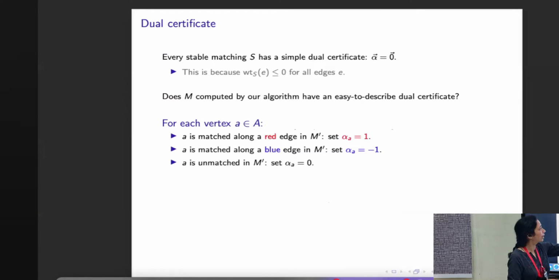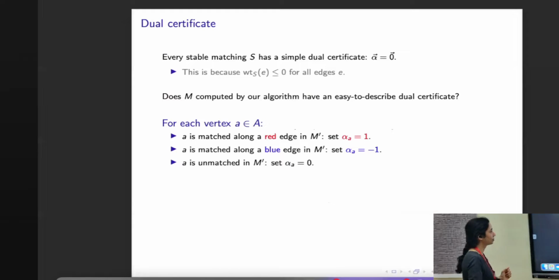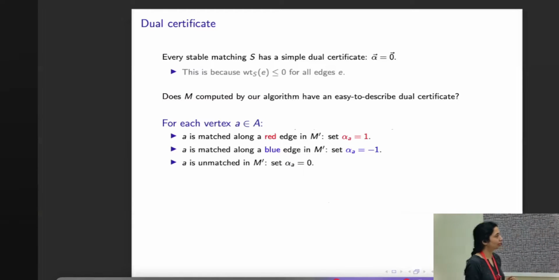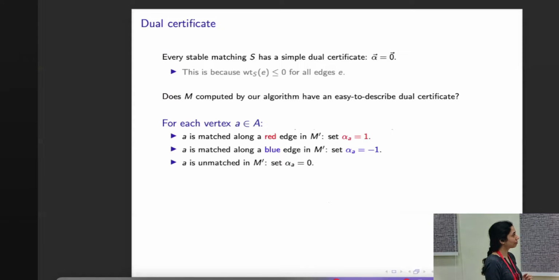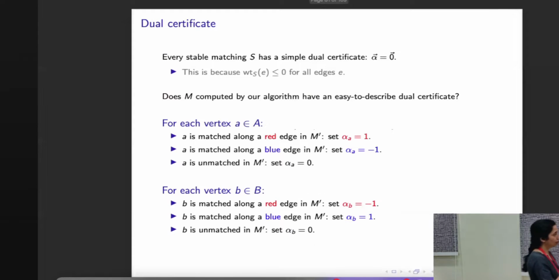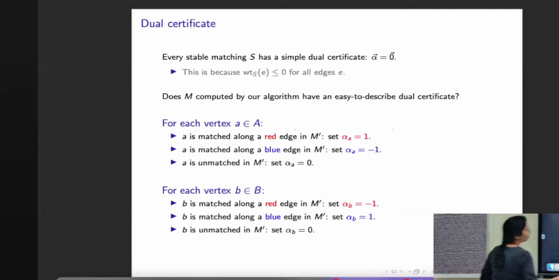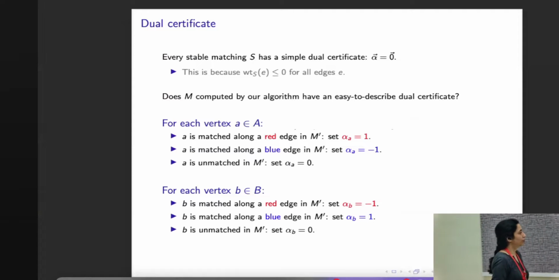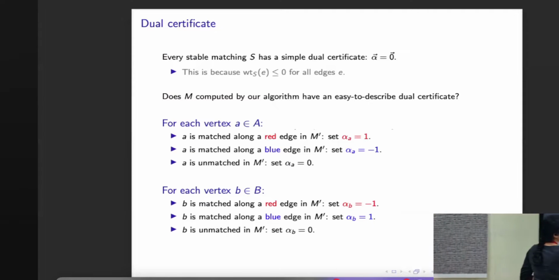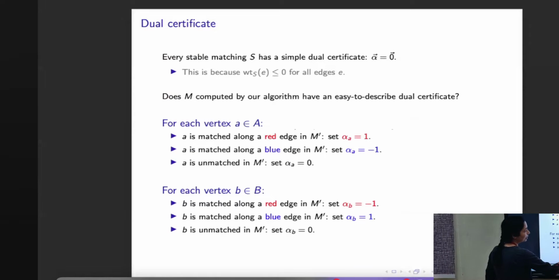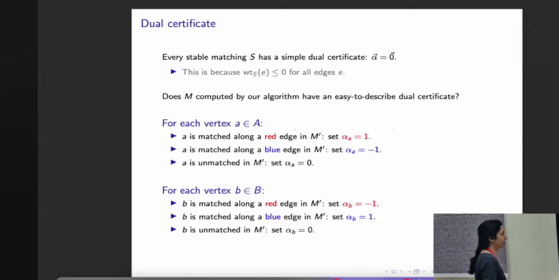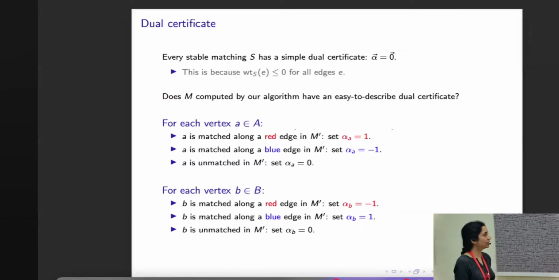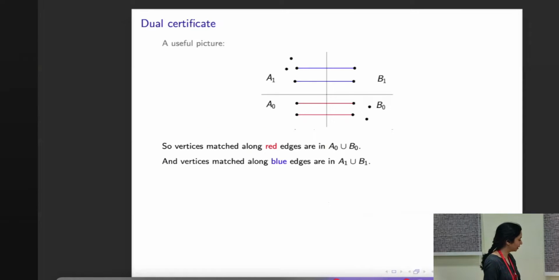So, in the red blue graph, either a vertex is matched along a red edge or a blue edge, or is left unmatched. Accordingly, set the alpha values as given here. For every vertex on the right hand side, what we call jobs, if it's matched along a red edge, give it minus 1. If it's matched along a blue edge, give it plus 1 alpha value, and if it's left unmatched, set it to 0.